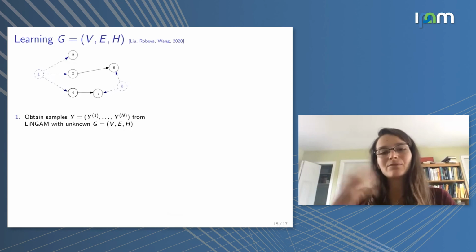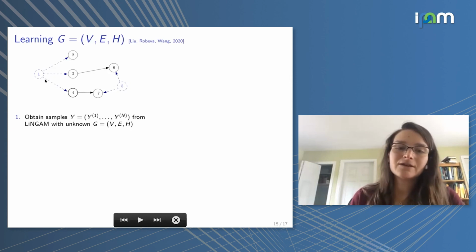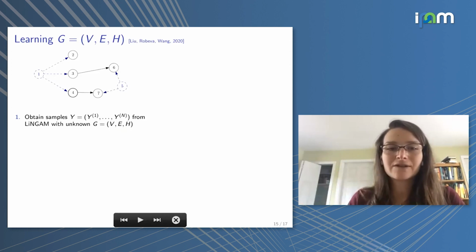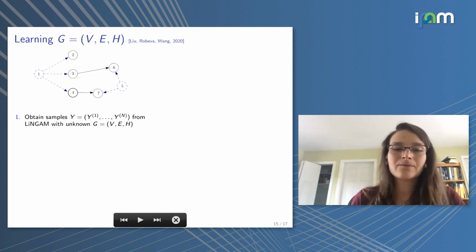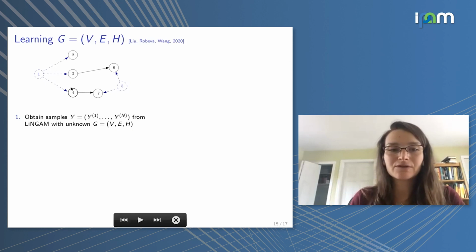So suppose now that we have data from a graph that has some hidden variables like this, and some of them might have more than 2 children. Okay, so let's say this is the graph. First, we're going to get samples from the observed variables. So in this case, 2, 3, 6, and 7. And these samples will be y1 up to yn.